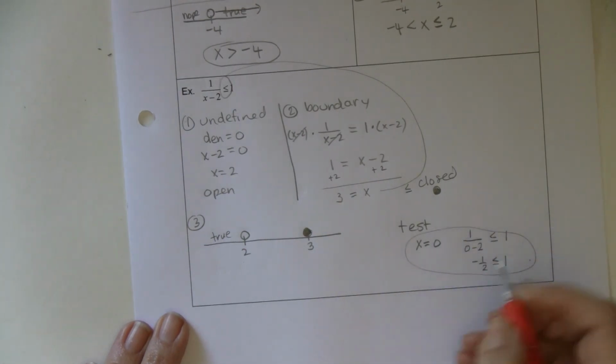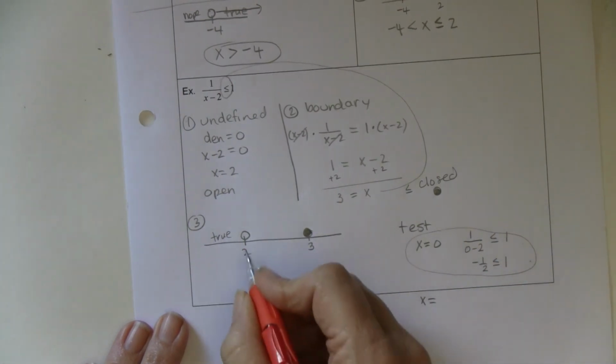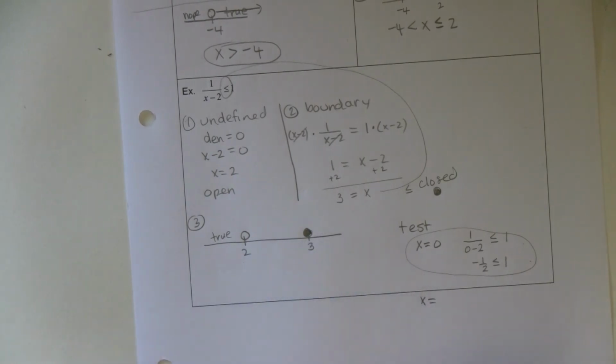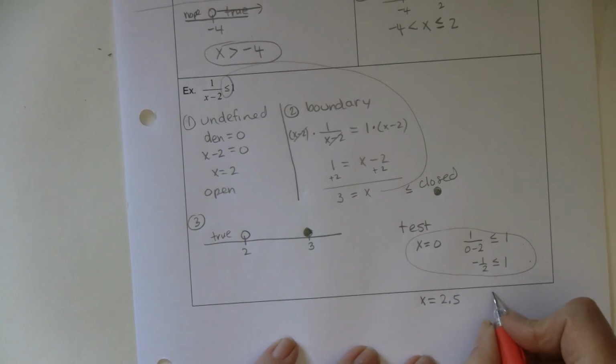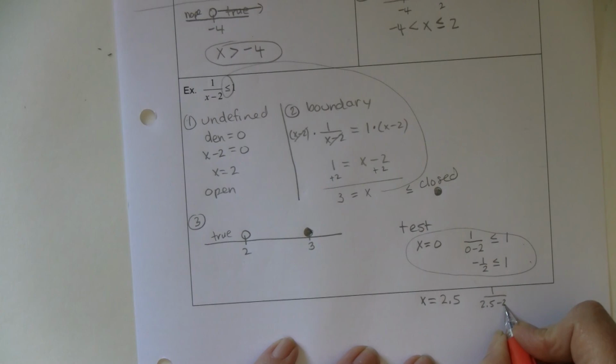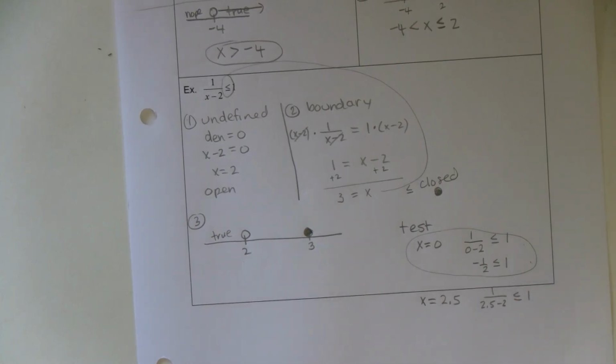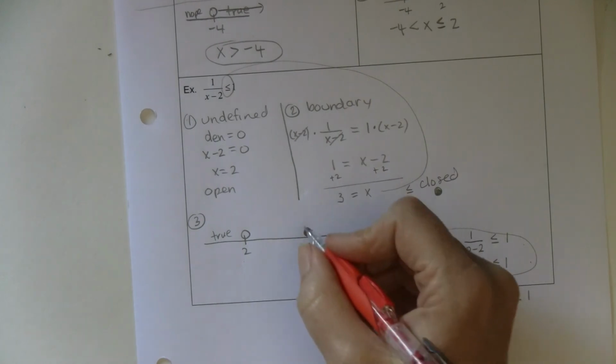Then I'm going to test something in between, like 2.5. So this is 1 over 2.5 minus 2, is less than or equal to 1. Notice I can't just do positive, negative here because I don't have compared to 0.